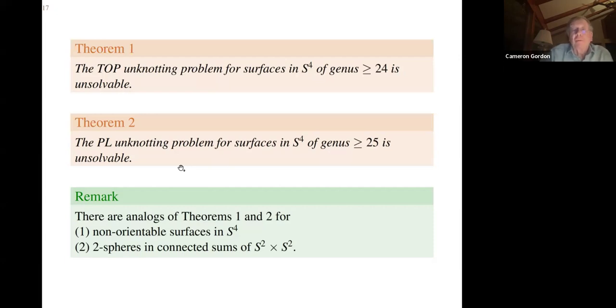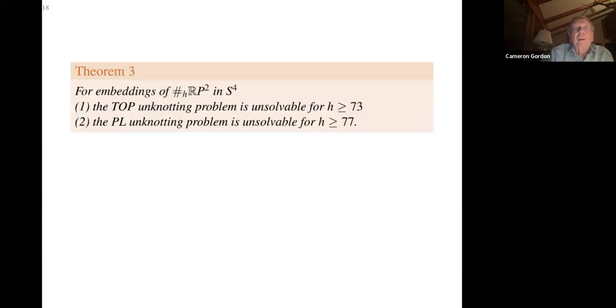So in fact, there are theorems along these lines, but I'll state them without saying anything about the proofs. For non-orientable surfaces, for embeddings of connected sums of RP2 in S4, the topological unknotting problem is unsolvable as soon as you have at least 73 projective planes, and in the PL case, as long as you have at least 77. These numbers seem a little high, but anyway, it's all a matter of perspective.